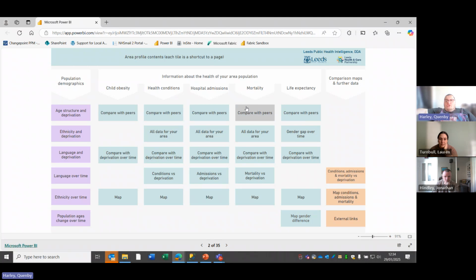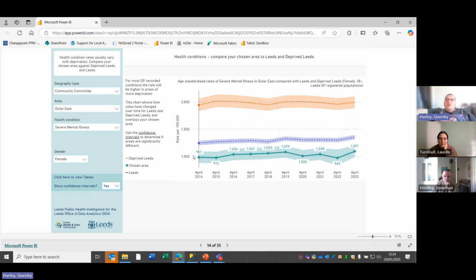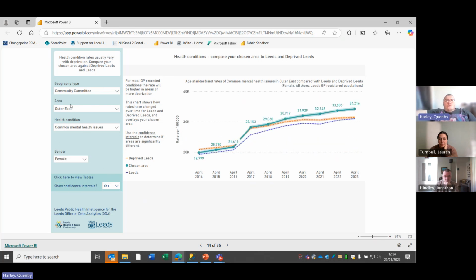Let's say I want to look at common mental health issues, how that's changed over time. That's where these slices come in. You can scroll through and select any one of these issues. So I'm going to look at common mental health issues, geography type currently on community committee.